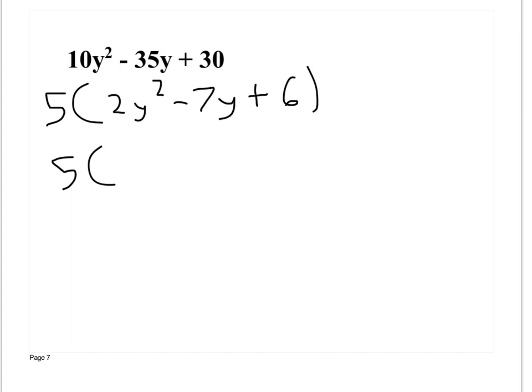So that means they're both going to be negative. So they add to give me negative 7, and they multiply to give me positive 12. 2 times 6. What adds to give me negative 7 and multiplies to give me positive 12?